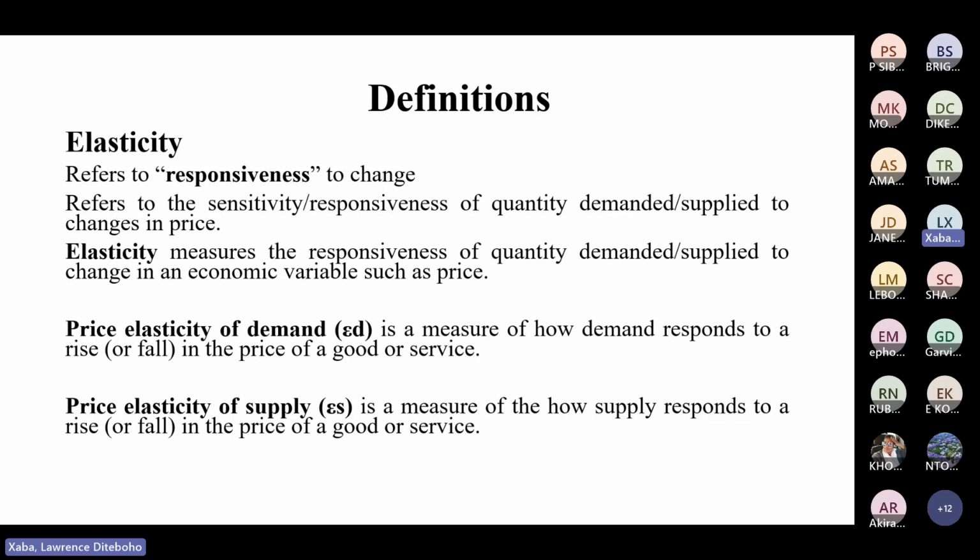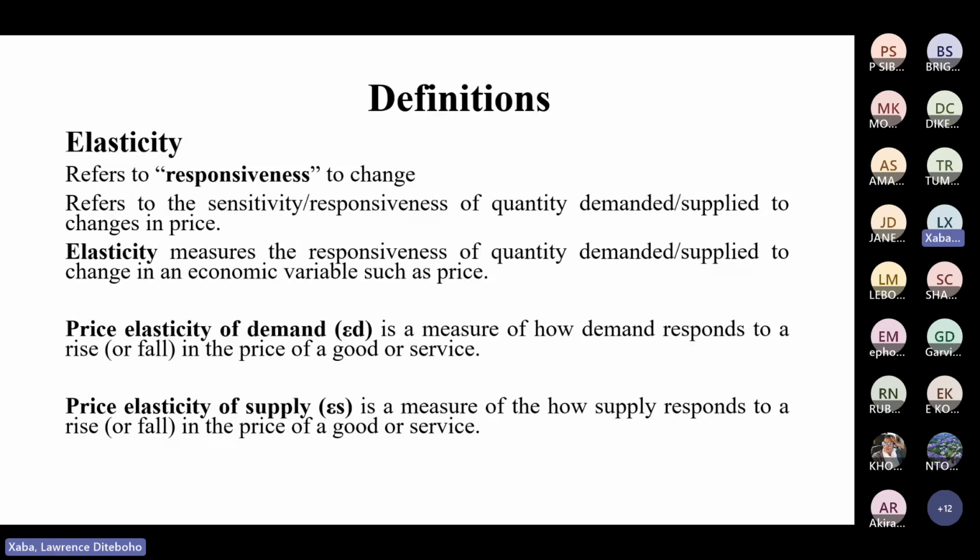So we have price elasticity of demand, which you can see is derived from that definition of elasticity itself. Price elasticity of demand is a measure of how demand responds to the increase or decrease of the price of the goods or service. That is the definition of price elasticity of demand.